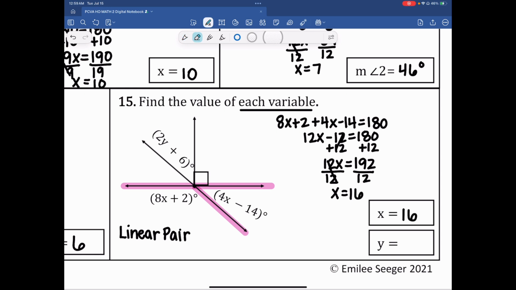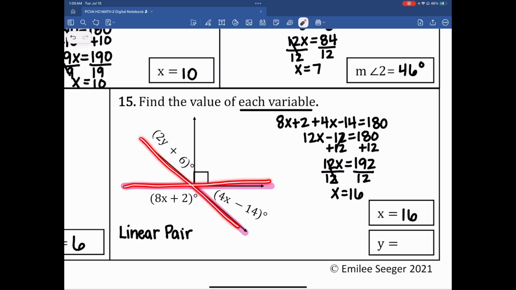Now, what else could I potentially determine here by looking at this situation? So I know that x is equal to 16, but what other pieces do I have? Well, there's actually several things that I've noticed. So these are vertical angles right here.